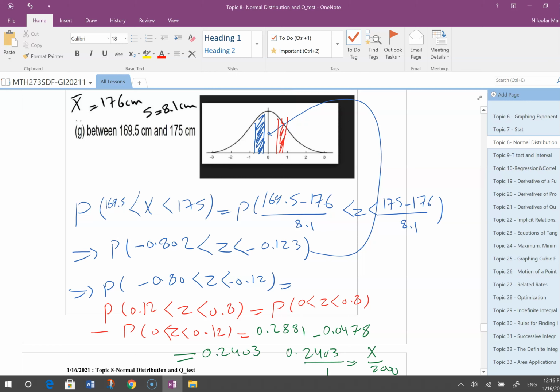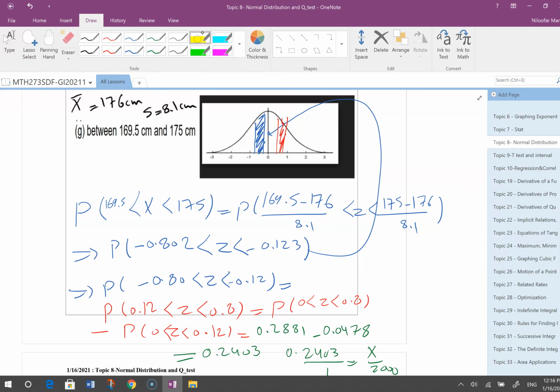So I try to reach positive. So instead of this, which is here, I can move to this, which is here. And then I find the answer.